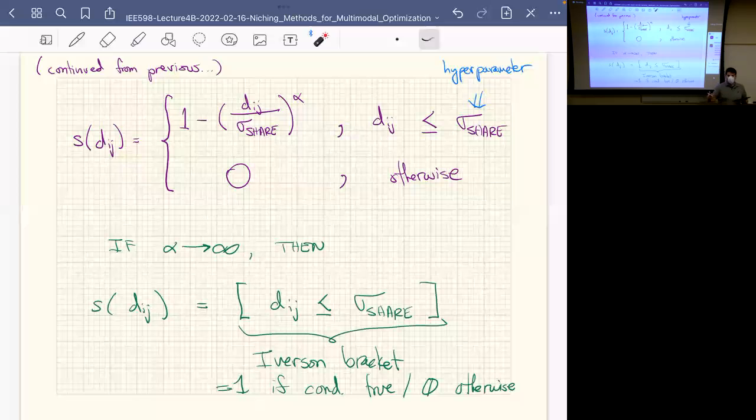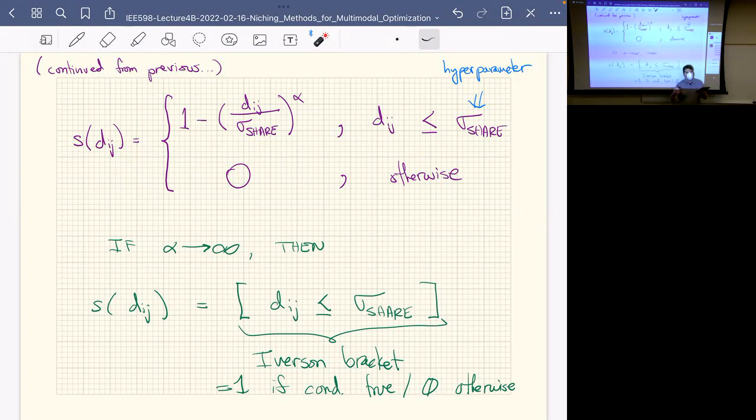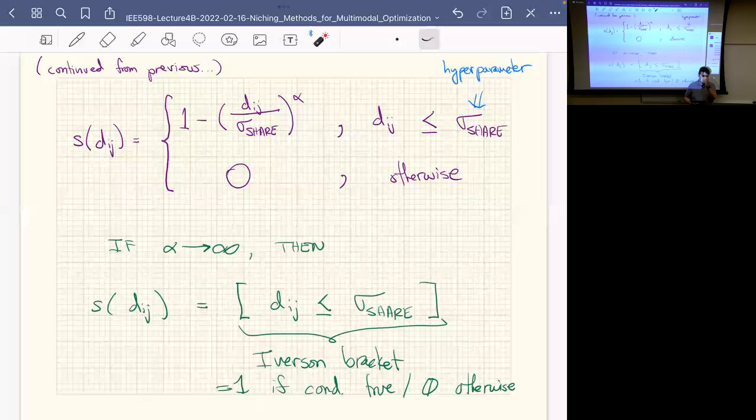And part of the reason we define this sigma share, with this hard boundary here, is that it hopefully reduces some of the computational burden. If you've organized your points so that you don't know the distances, but you know they're ordered in a data structure based on relative distance, then once you've calculated that a certain individual is beyond the boundary, you don't have to keep calculating distances after that.